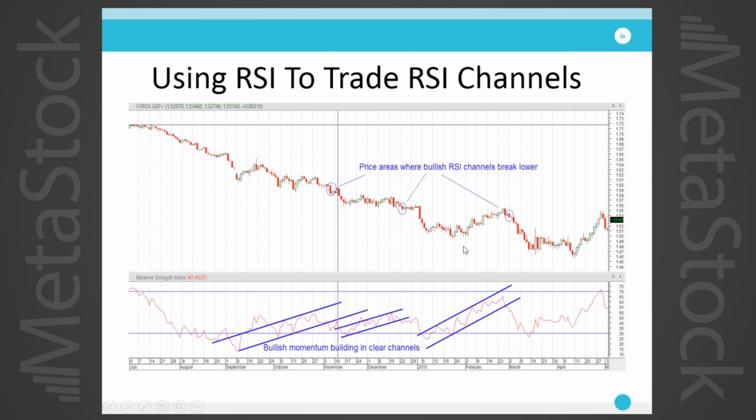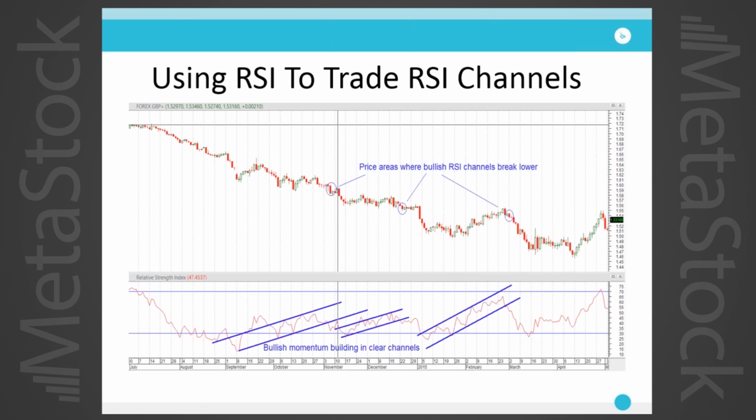So these are even better situations to watch out for, where you have a corrective pattern forming in price against the overall trend, and then we also have a similar bullish channel building in the RSI indicator, and then again we see RSI breaks down through its rising trend line, and price breaks down through what would be a rising bullish trend line, and continues lower in line with the overall downtrend.